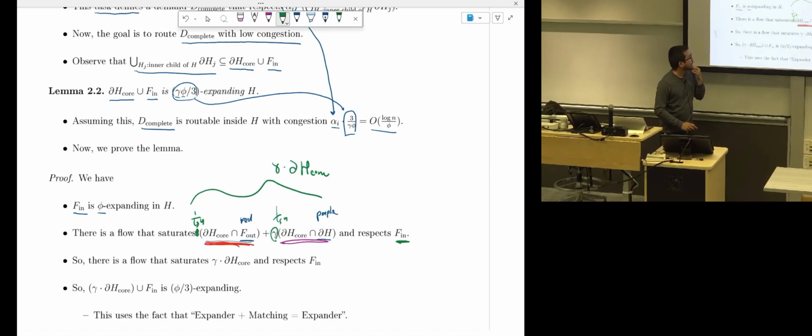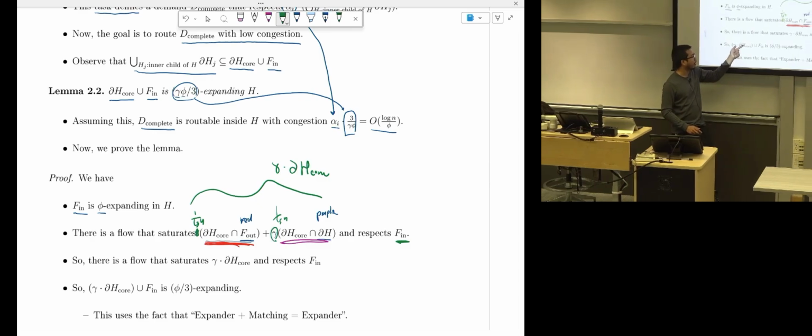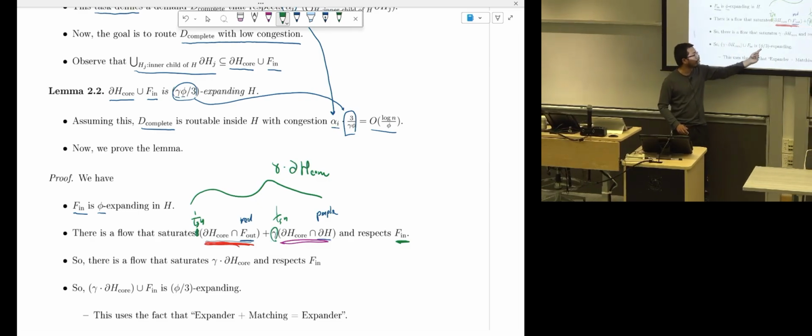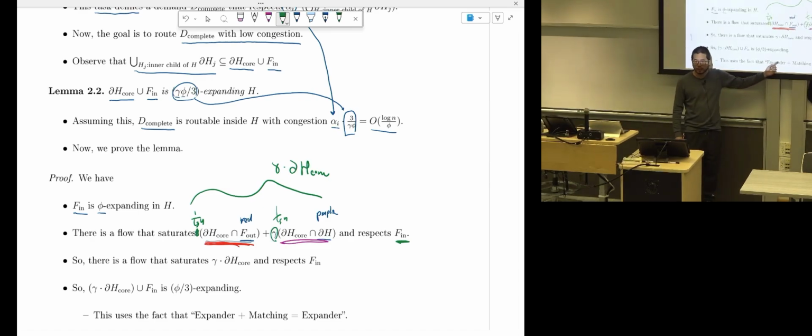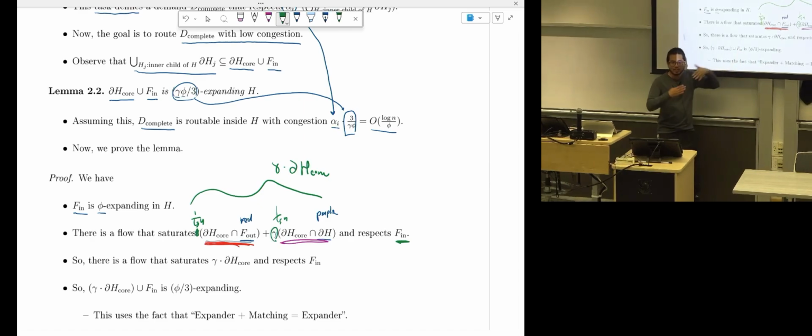So now if F in is expanding and I can send flow from the boundary of the core to F in, then the union of them will be phi over 3 expanding. Why is that? This is basically from the homework that you have shown. If something is an expander, and then you union the matching to the expander, then it's still an expander. This is the expander, this is the matching. Make sense?